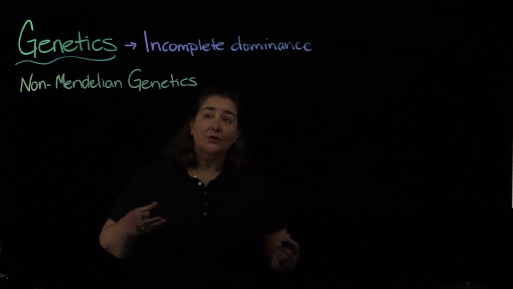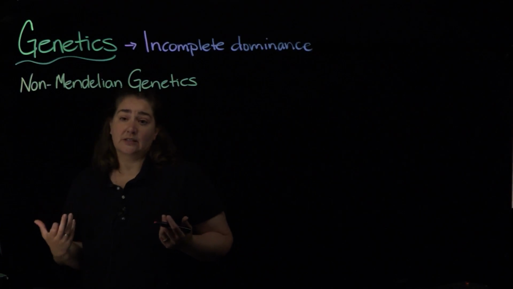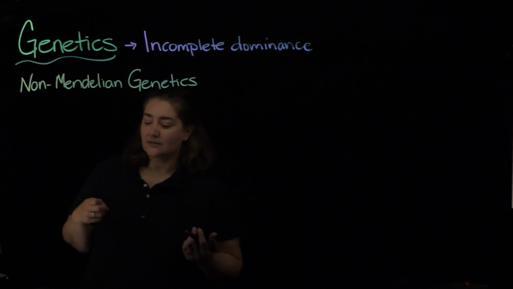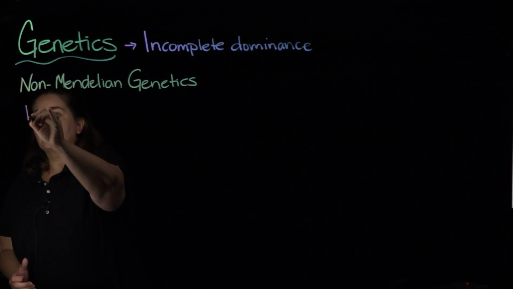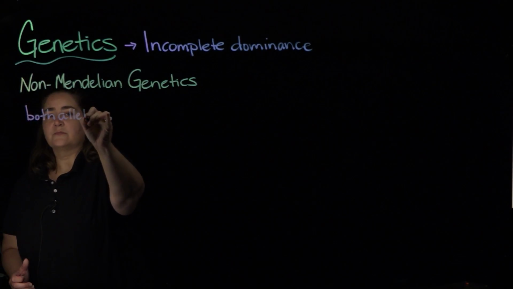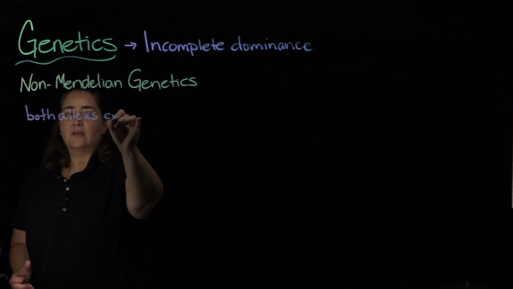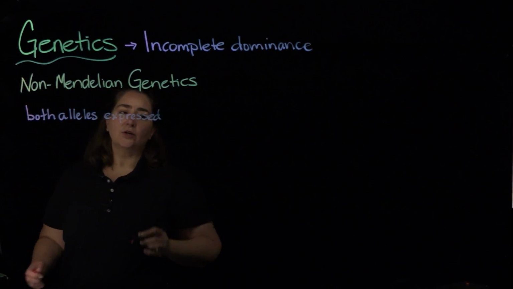The first example of non-Mendelian genetics that I'm going to go over is incomplete dominance. With incomplete dominance, the key is that both alleles are expressed.